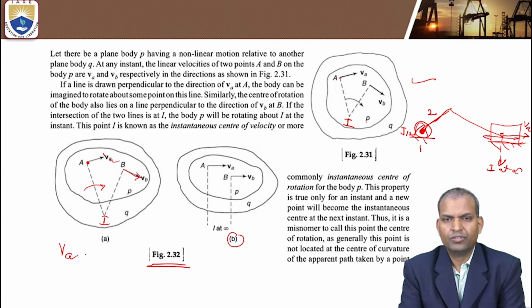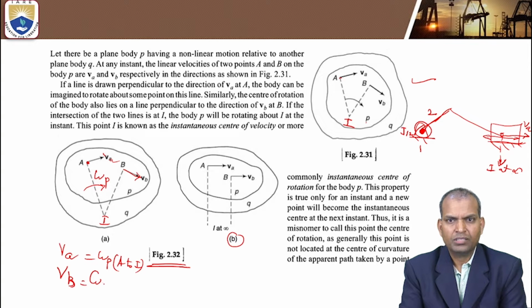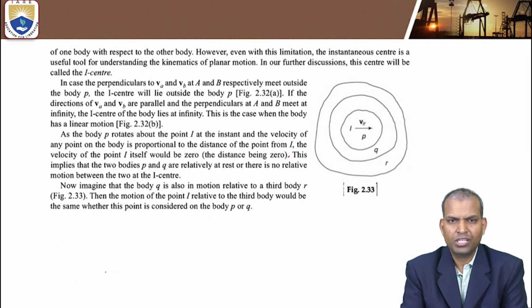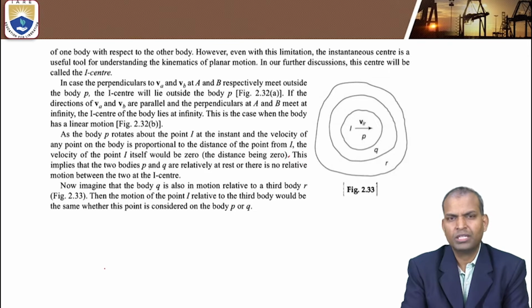VA equals omega P times the distance from A to I, and VB equals omega P times the distance from B to I. This is the meaning: the relative velocity is proportional to the distance of the particular point to the I center.